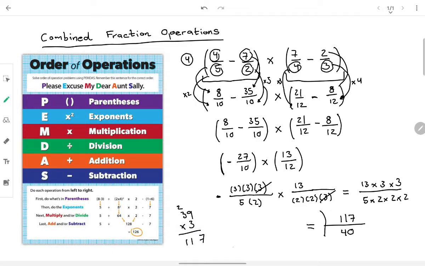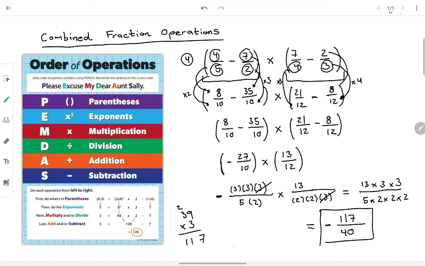This we know is not divisible by anything because we made the simplification before multiplying. But we have one negative multiplied by one positive, we will get negative. Answer: negative 117 over 40. This will be our final answer.